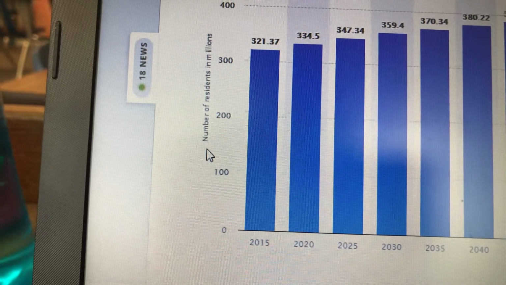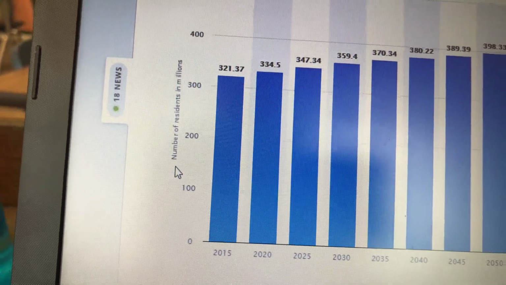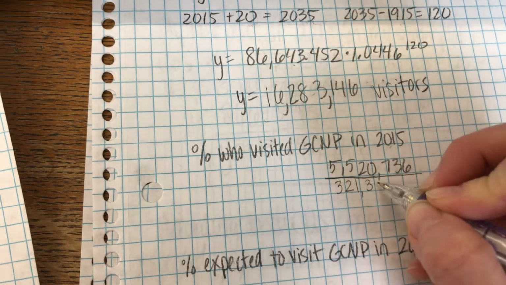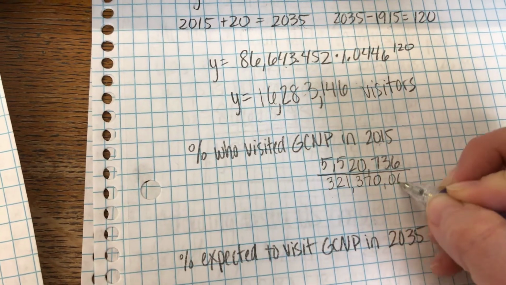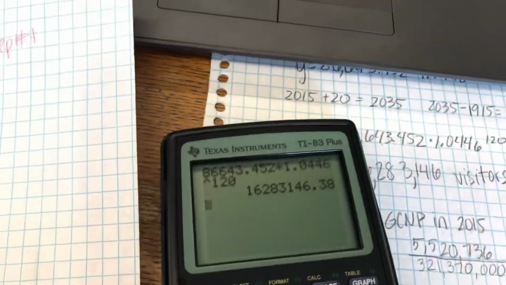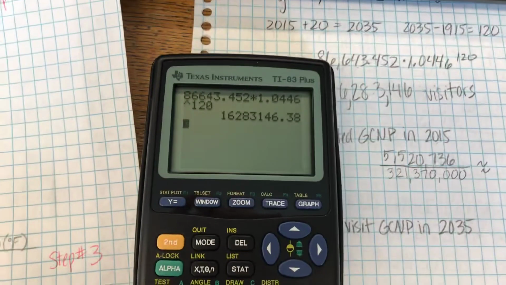So 321,370,000 is what that number actually is. I'm going to write that here. And we'll see what that equals when I divide it. It should be a decimal that I'm going to turn into a percent.